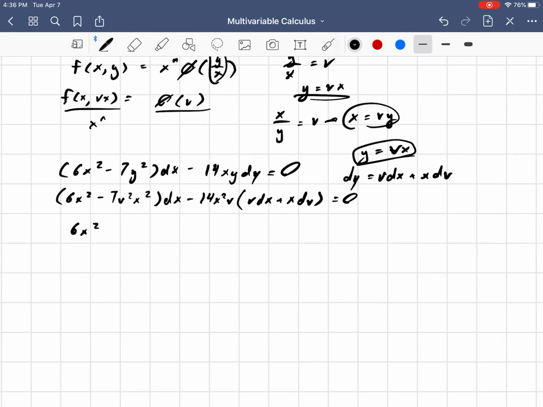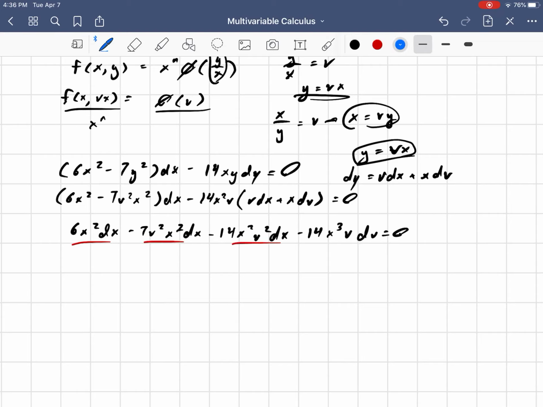So now it's really just algebra from this point. So 6x squared dx minus 7v cubed x squared dx. Hopefully I don't mess up on the algebra though. That's minus 14x squared v squared dx minus 14x cubed v dv. That's equal to 0.